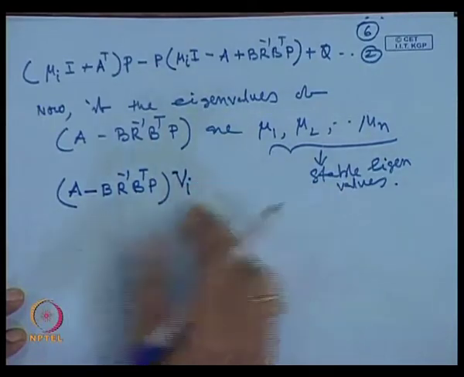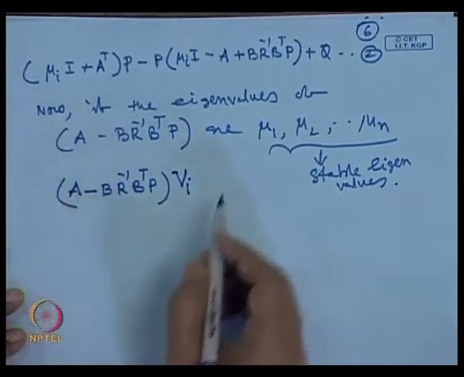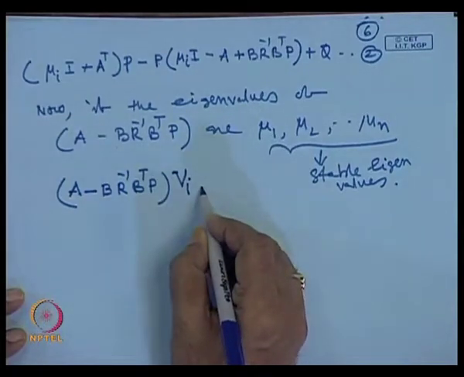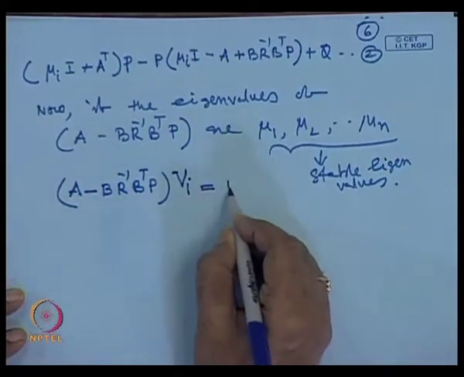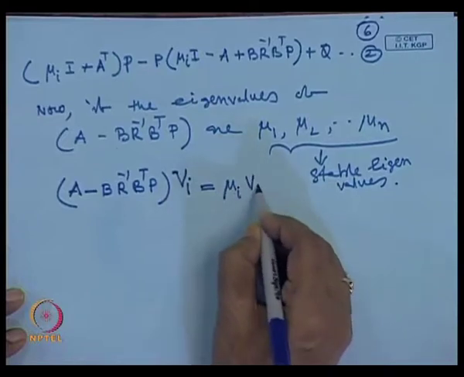Then V 1, V 2 are the eigenvectors corresponding to this matrix. So, this is equal to mu I into V I.